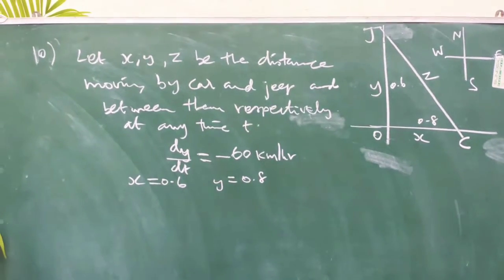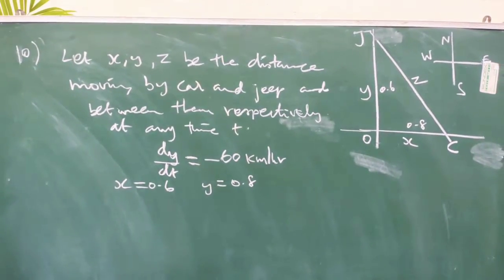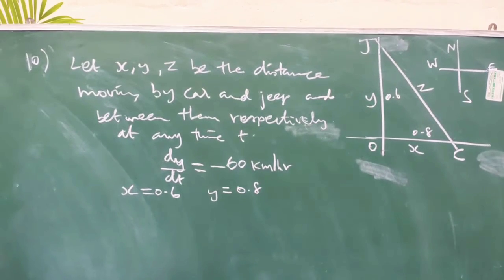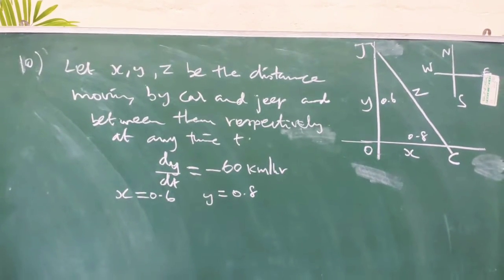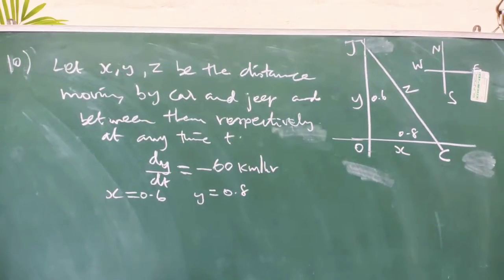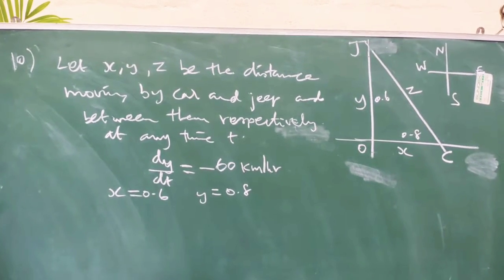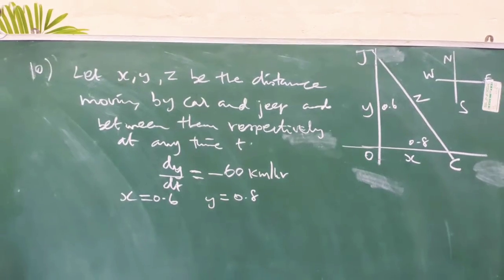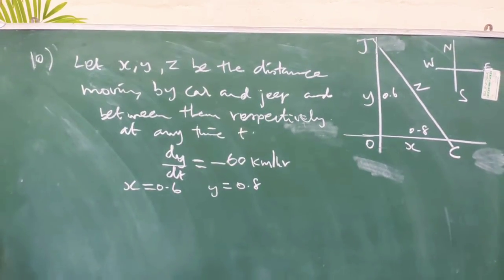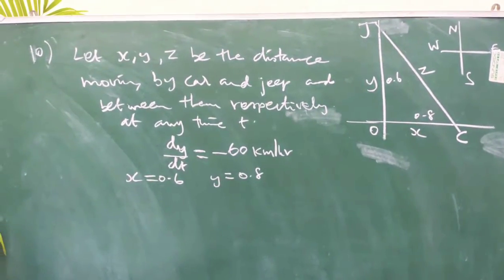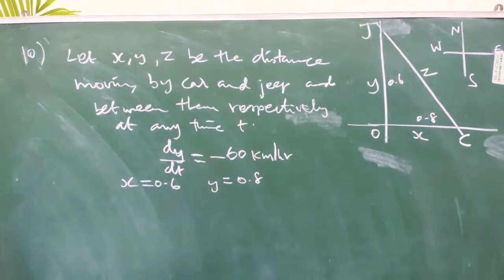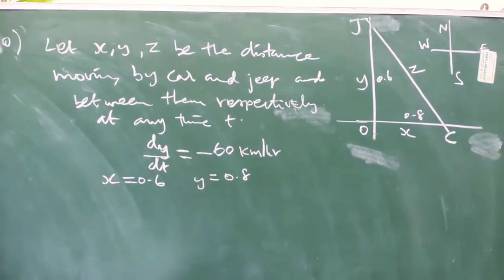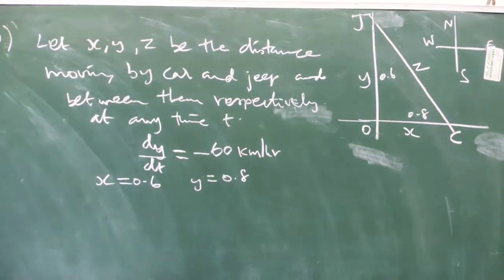When the jeep is 0.6 km north of the intersection and the car is 0.8 km to the east, the police determine with their radar that the distance between them and the car is increasing at 20 km per hour. If the jeep is moving at 60 km per hour, at that instant of measurement, what is the speed of the car?